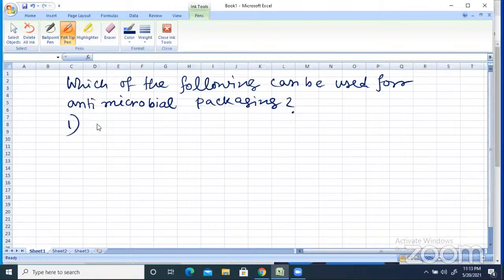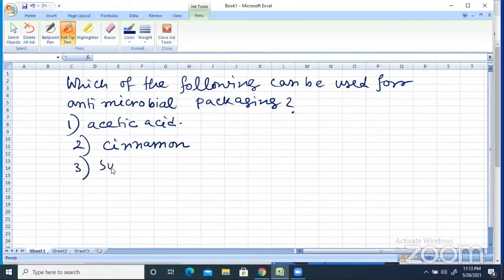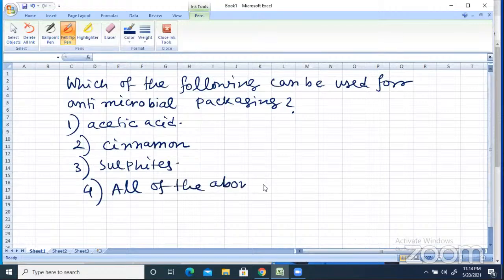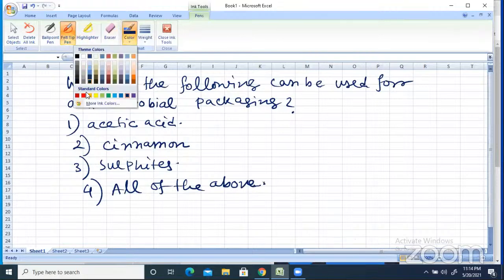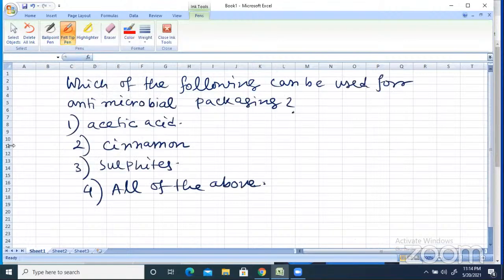Number 1, acetic acid. Number 2, cinnamon. Number 3, sulfites. And number 4, all of the above. All of the above, yes, all of them are used.